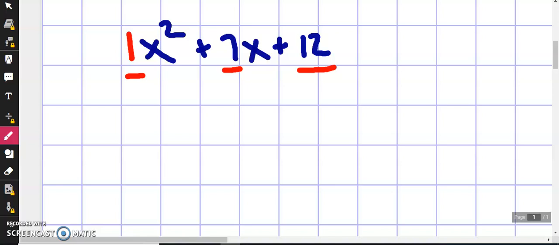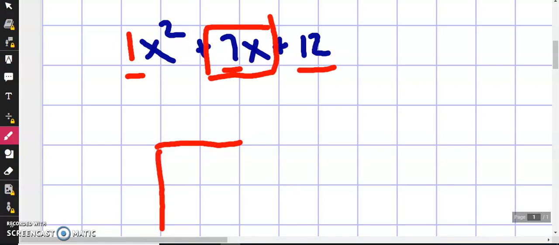However, I know from when we multiplied polynomials that the 7x in the middle could actually be the combination of 2 smaller x terms that we put together. So when I set this up, this is going to turn into a division problem, but I'm kind of splitting it up into 2 rows. So I know that x squared is where I start.